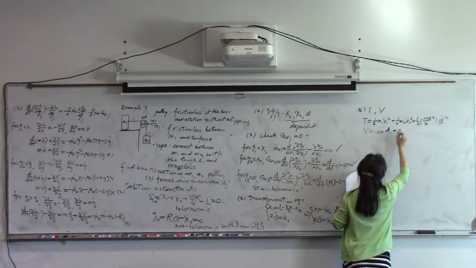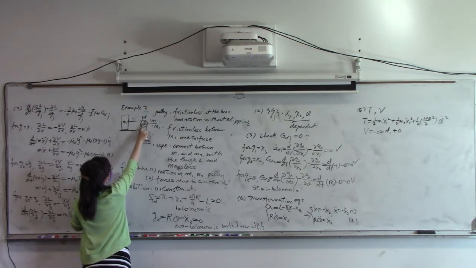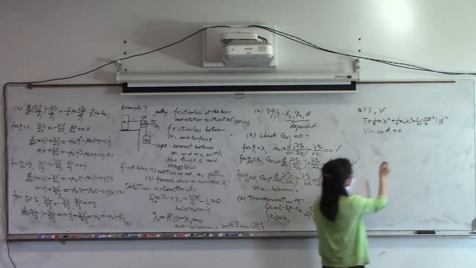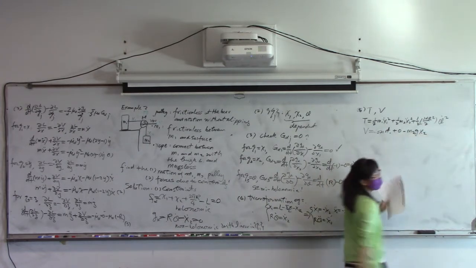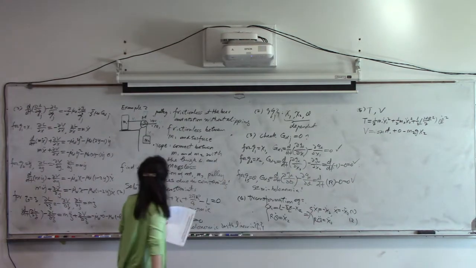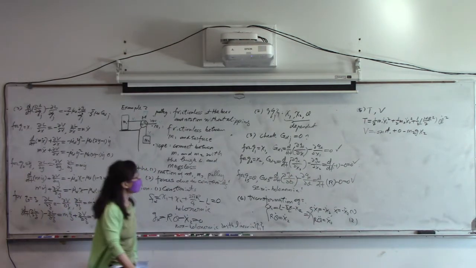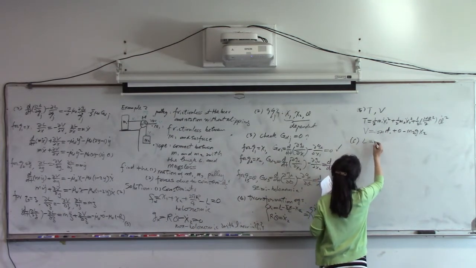Plus 0, because the rotation of the pulley is set up with the origin at the center of the pulley, so the second mass contributes 0. And minus m2 g x2, because I said x2 is along the x-axis. So that is the potential.